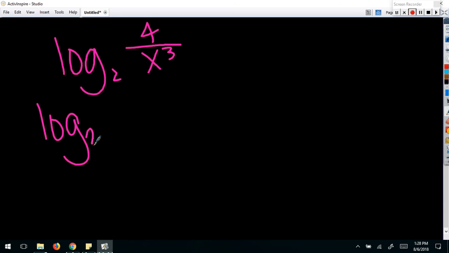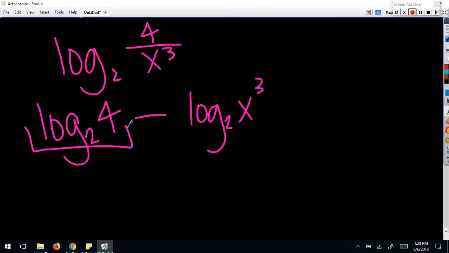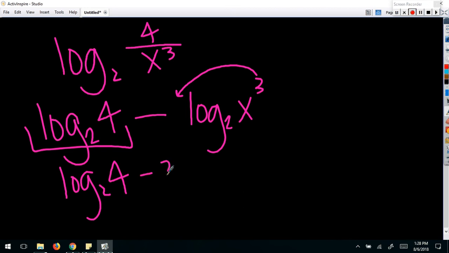So I would have log base 2 of 4 minus log base 2 of x to the third. Ignoring that first one for just a second, I can also apply that third property to the second piece by bringing it around front.